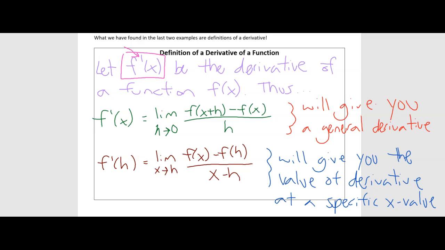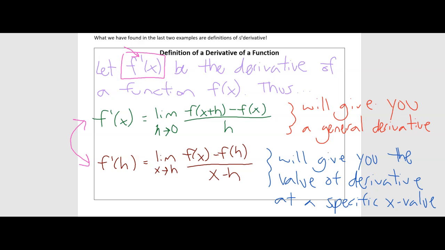And then we have two definitions of a derivative down here. Both of these are talking about how to find the slope of a tangent line. The difference is that the green one will give you the general derivative, the function of the derivative, which means you would then substitute in a value for x to find the derivative or the slope of the tangent line at a specific point.